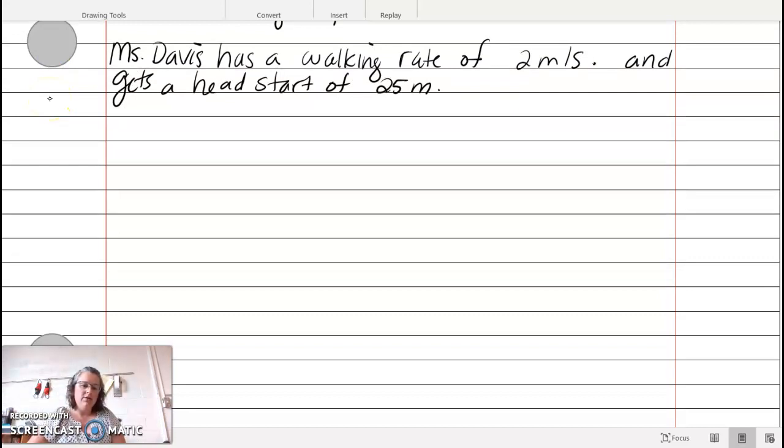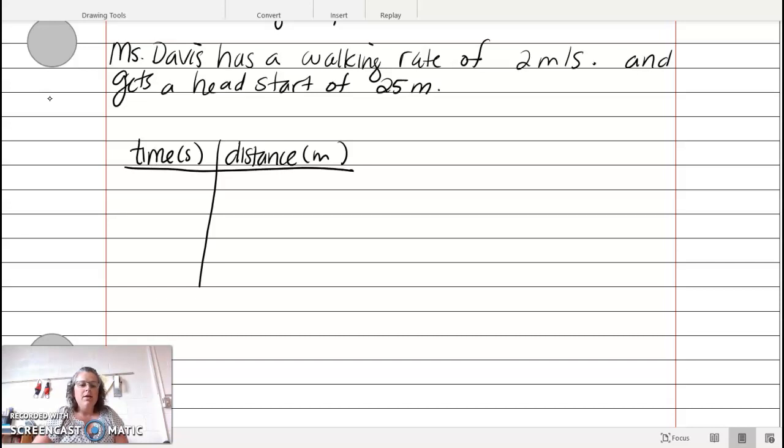So let's look at her time in seconds versus her distance in meters. So just like before, if she has 0 seconds to walk, she really can't go anywhere. But she did get that head start of 25 meters, so we put a 25 here.